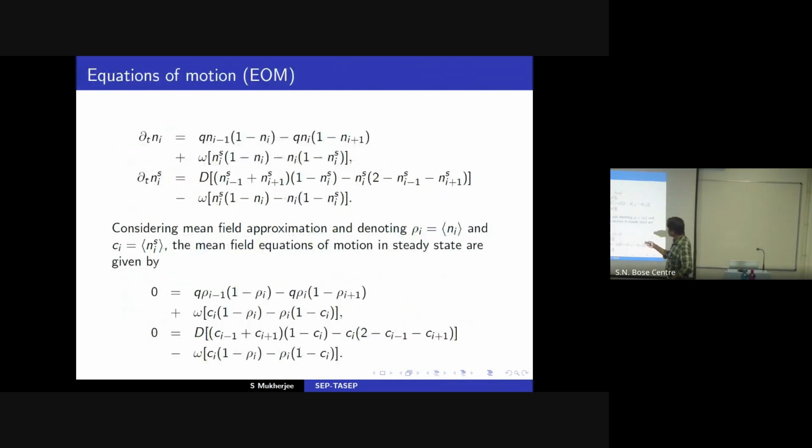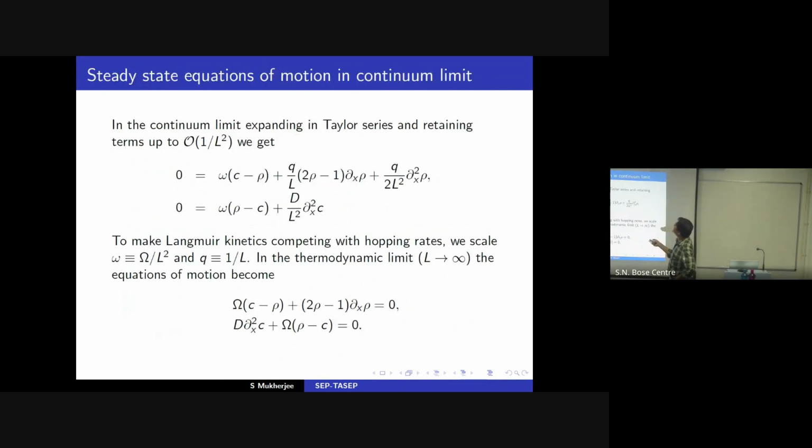So in our model, we also did this: to make Langmuir kinetics compete with the other hopping rates, we scale omega as capital Omega by L squared and Q as 1 upon L. And then considering the thermodynamic limit, the equations of motion become Omega (c minus rho) plus (2 rho minus 1) del_x of rho equal to 0, and del_x squared c plus Omega (rho minus c) equal to 0. These are the equations of motion in the continuum limit.